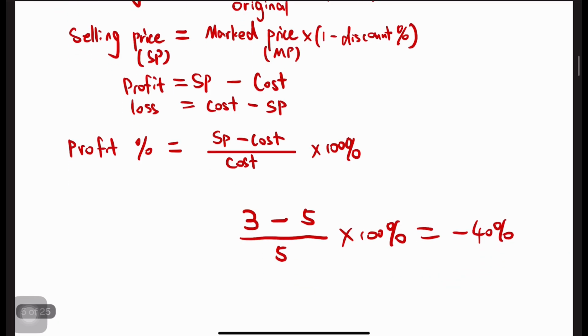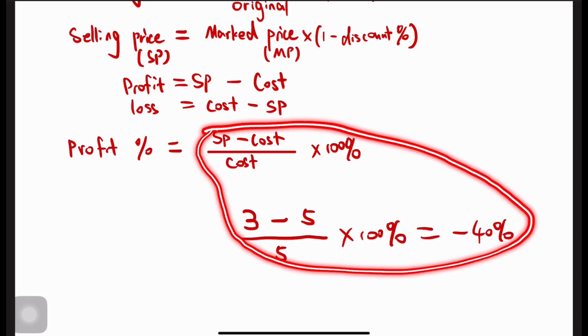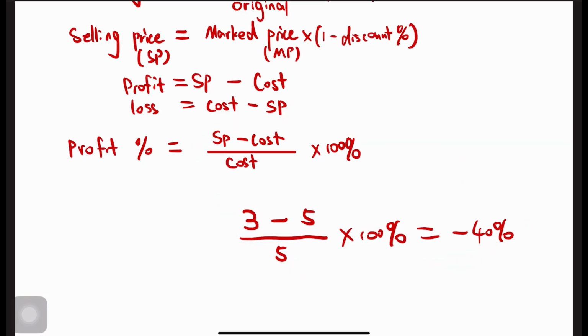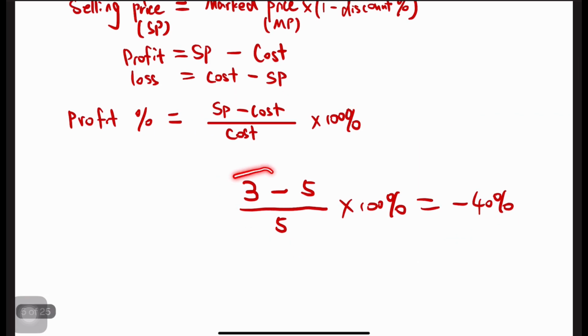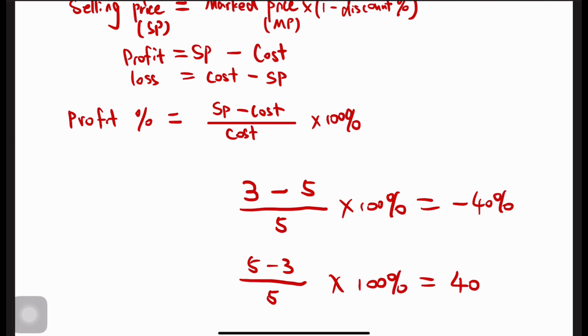But sometimes you can do it exactly the same as this equation, or you can make the upper line the loss. What I mean is we switch the 5 with the 3, so now it's calculating the loss, over the original one, the original being the cost, times 100%. It will equal 40%.